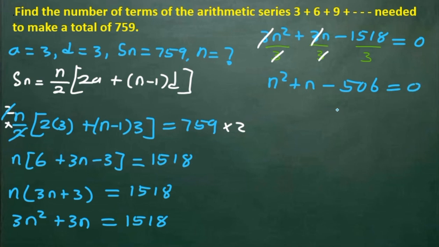Now we are going to think of the product of minus 506 and the sum of positive 1. So if I think of a number like 23 and minus 22, 23 minus 22 will give me positive 1, and 23 times minus 22 will also give me minus 506.